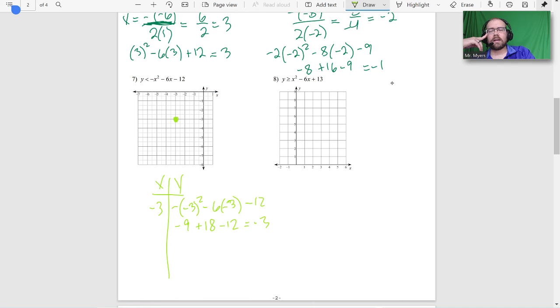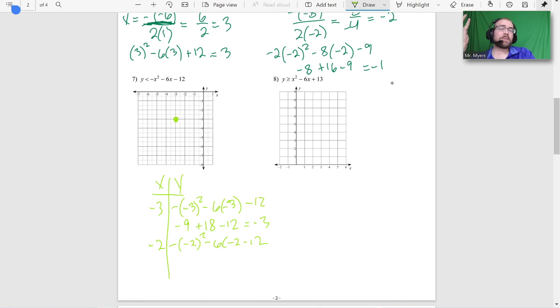All right. Let's try -2 and see what happens. So negative 2 squared, minus 6 times negative 2, minus 12. Notice this method is different because I'm just kind of guessing and checking. So if you don't guess where the vertex is, it takes longer.